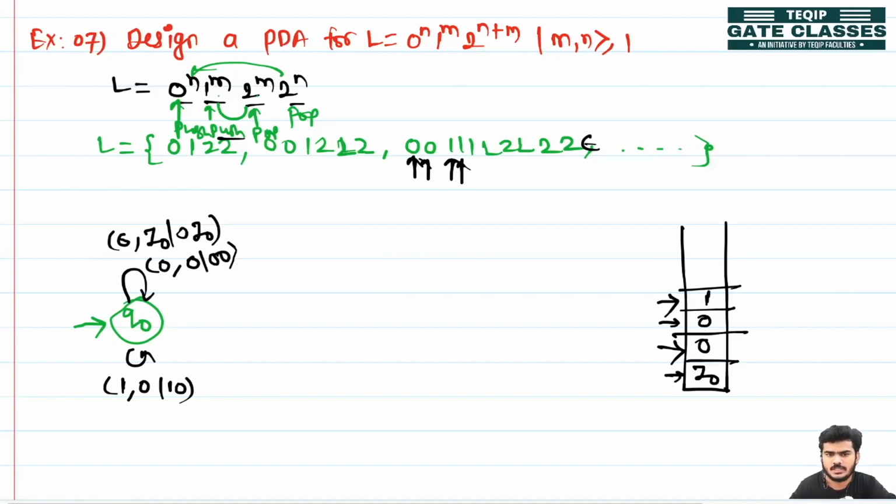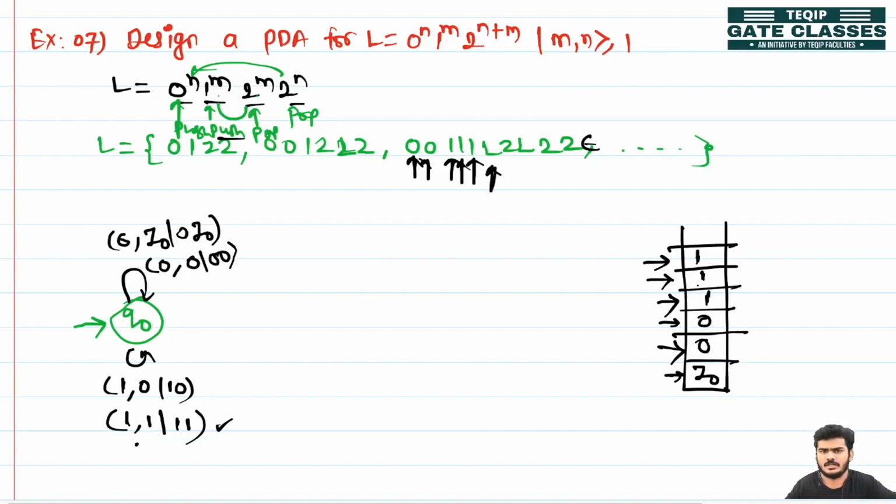Similarly for that 1, 1 is the input and top of the stack is 1, so I push it and it becomes 1 1. Now again I got 1, so for this one also I will use the same production and push that one into the stack.